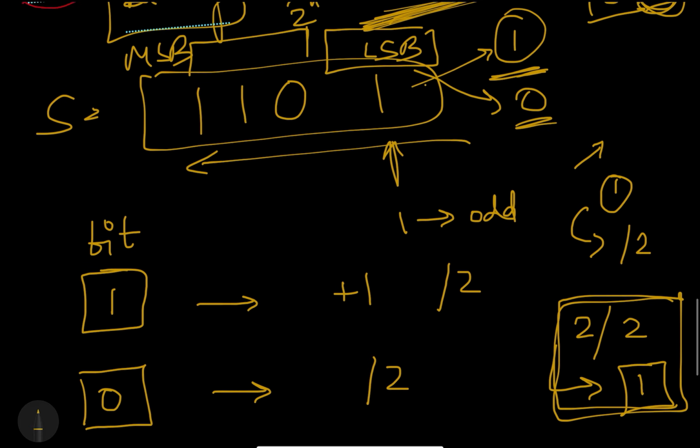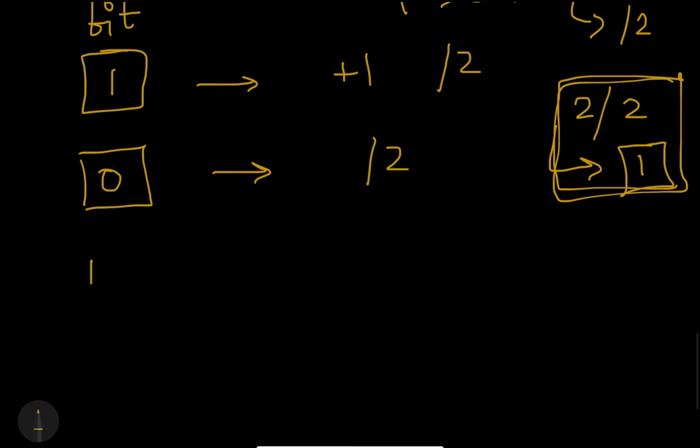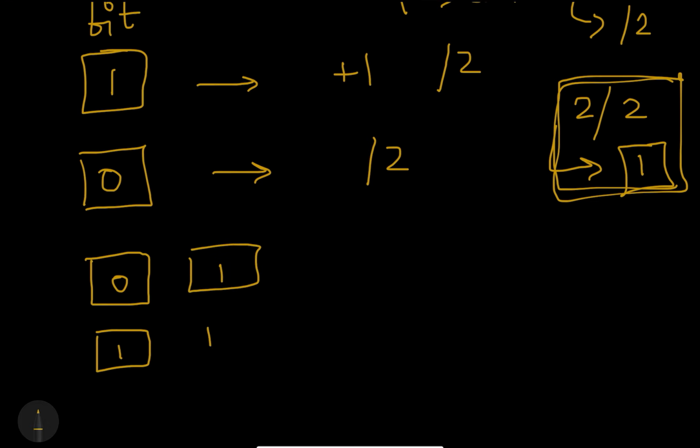Also, what else can there be? It could be that we would have generated a carry of 1. So if a carry of 1 has been generated, the bit could be either 0 or 1. These two possible conditions would have been there. If it is 0 and carry 1, then we would have to do plus 1, which means it is odd.